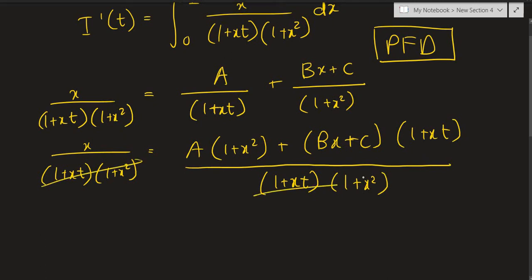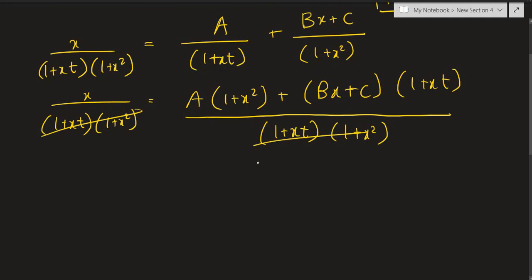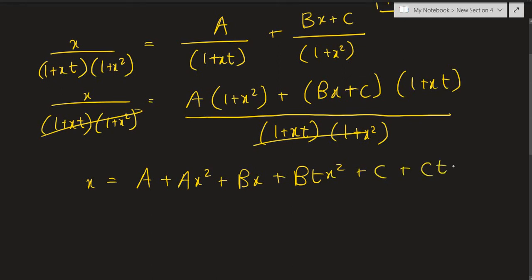Notice these cancel out nicely, and we are only left with x equals a plus ax squared plus bx plus btx squared plus c plus ctx.